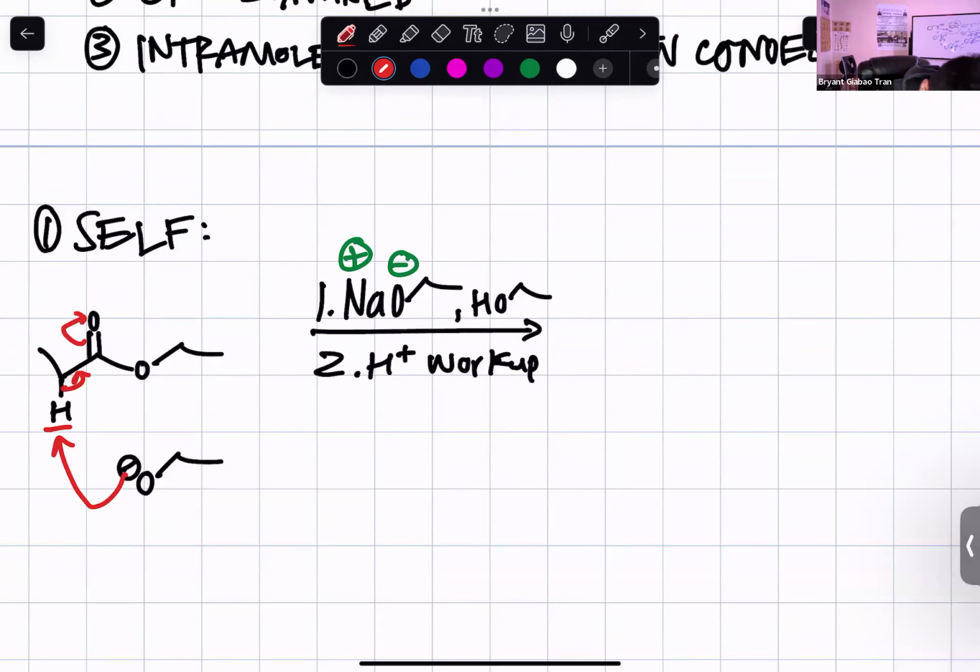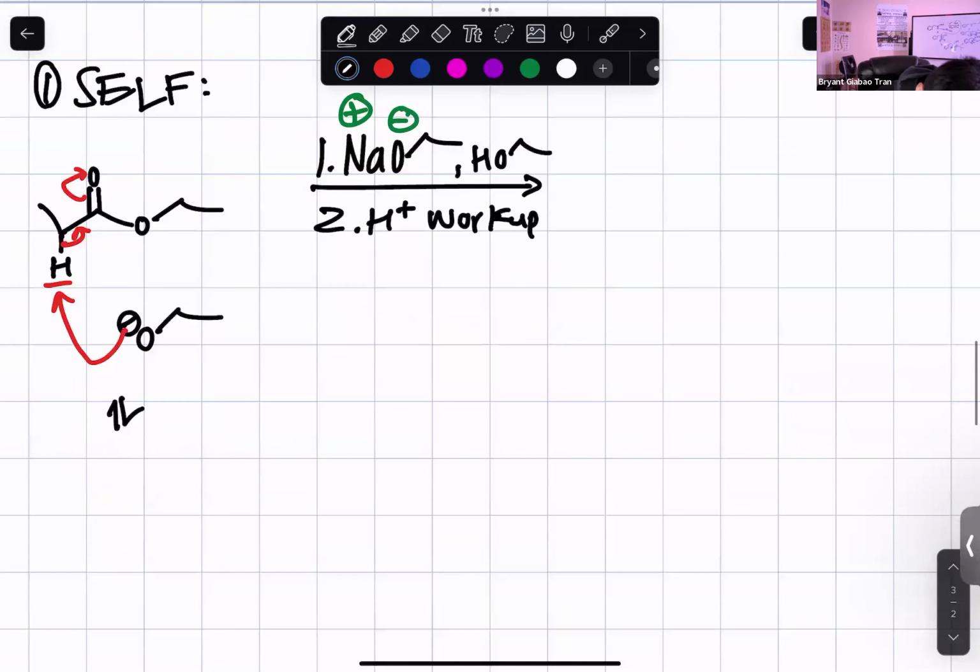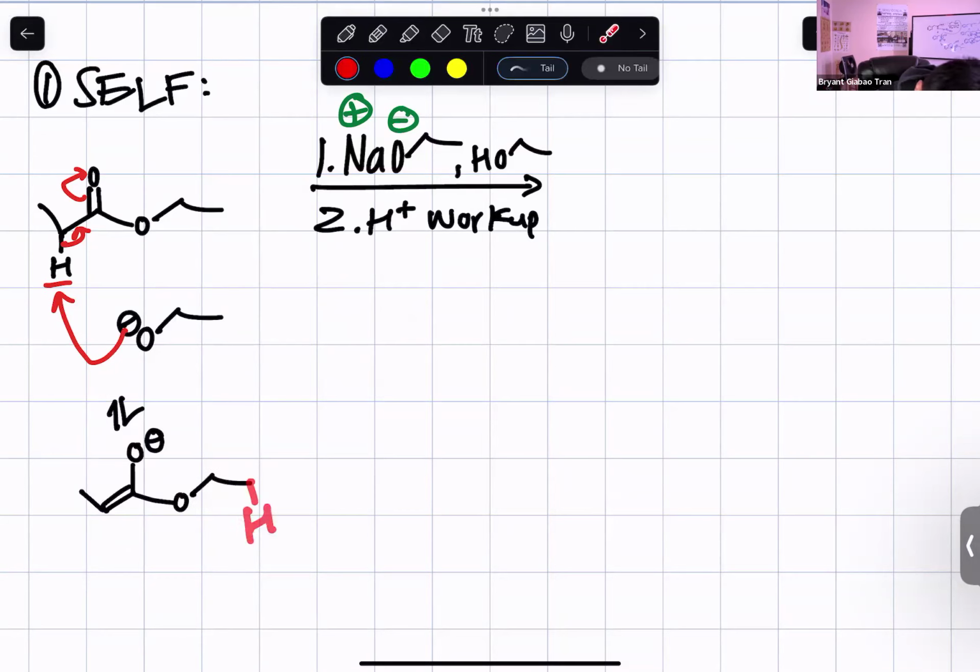Give us a stable conjugate base. So when we deprotonate that alpha hydrogen, we generate this enolate ion here, right? This hydrogen is not as acidic because when we deprotonate it, like let's say we deprotonate that hydrogen, we would get a negative charge on that carbon, which is not as stable as the negative charge here, because this negative charge cannot do resonance, right? Whereas the negative charge on the alpha carbon can do resonance, forming this enolate ion here.